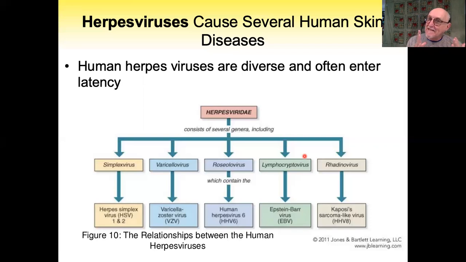They tend to do this by integrating the DNA genome with the host genome in specific cells. In the two groups we're going to talk about in the most detail, the Herpes Simplex viruses and the varicella viruses, that integration is into nerve cells.